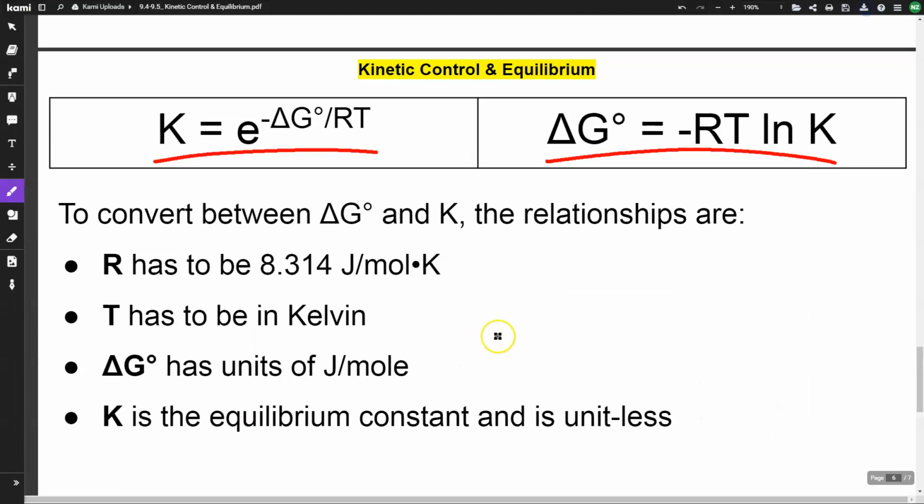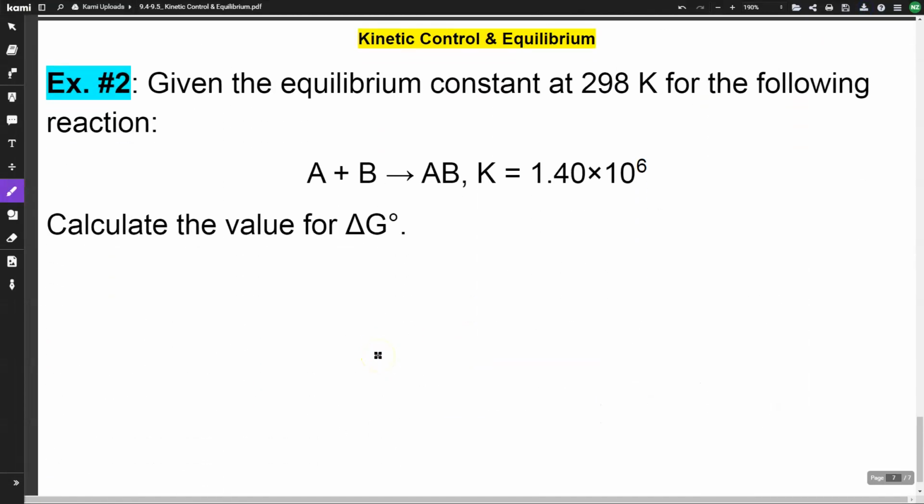It's important that you know that it's there and where to find it. All right, so let's take a look at an example. Now this is actually going to be a lot easier than you're probably thinking it is right now. It says calculate the value for G. Since we're solving for G, I'm going to throw down the equation for G. We're just going to plug in what we've got.